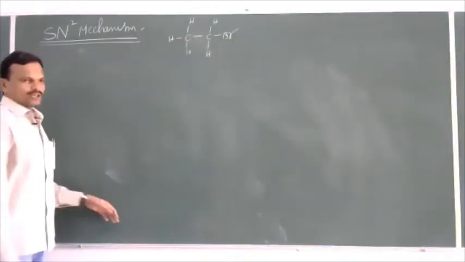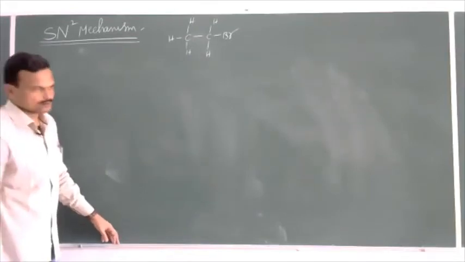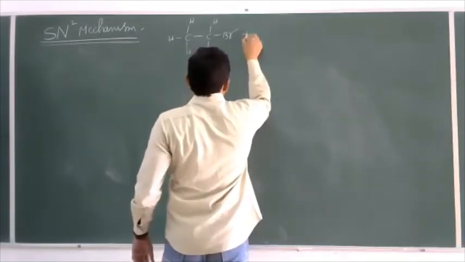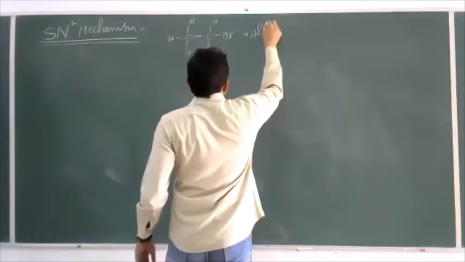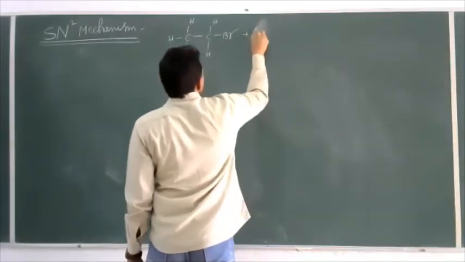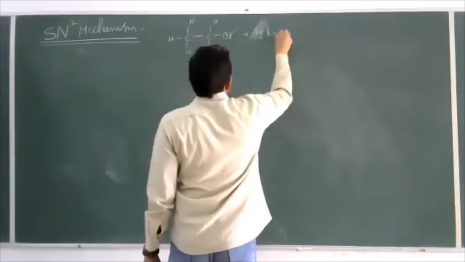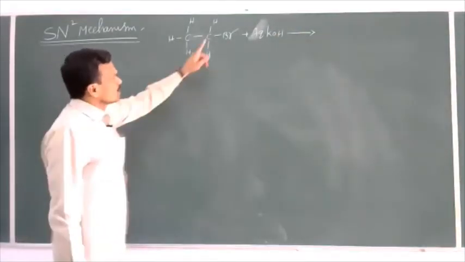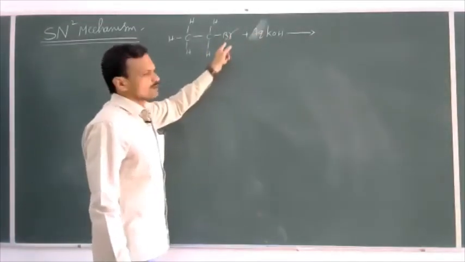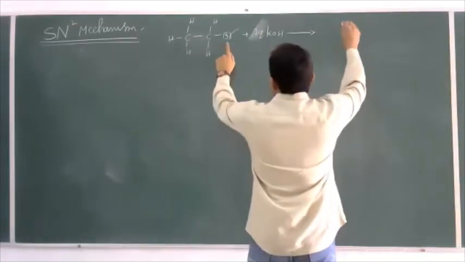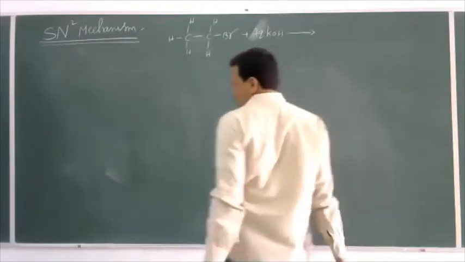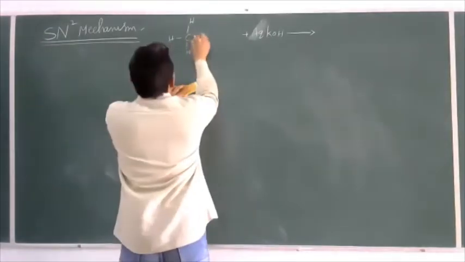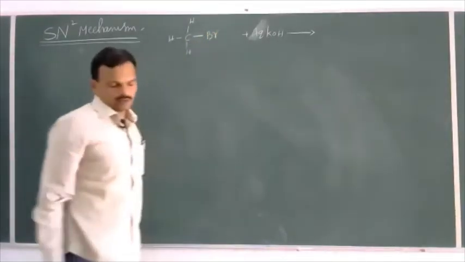So this is an alkyl bromide. When it is allowed to react with aqueous KOH, Br minus is replaced by OH minus, and we get the product.